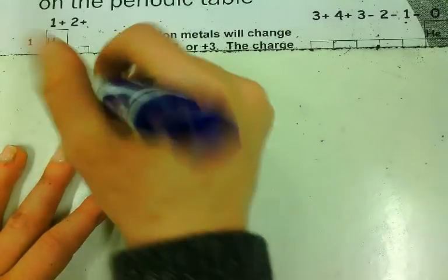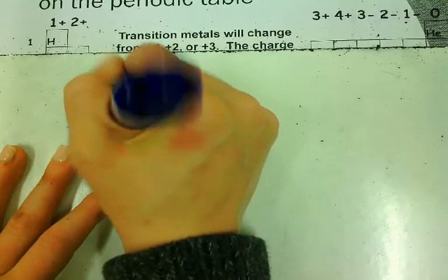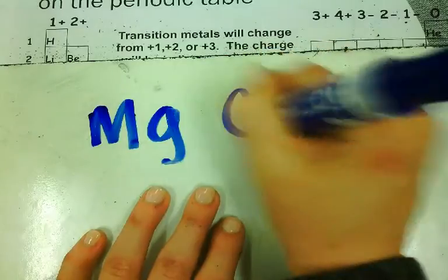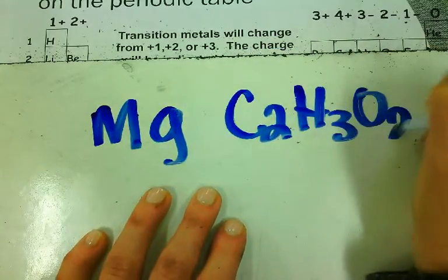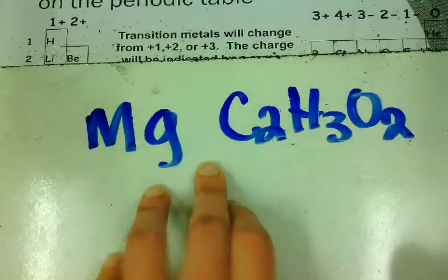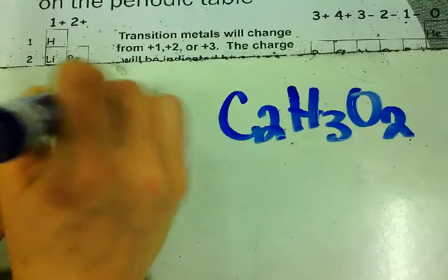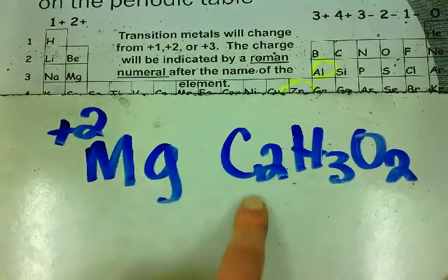Now I have magnesium and acetate. The charge on magnesium is positive 2, and I see that from my ionic charges.